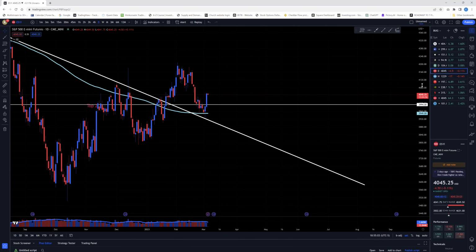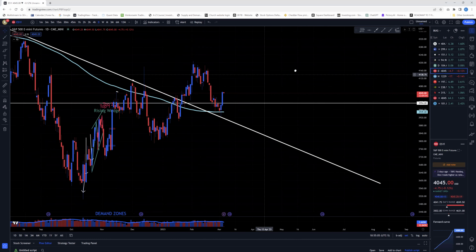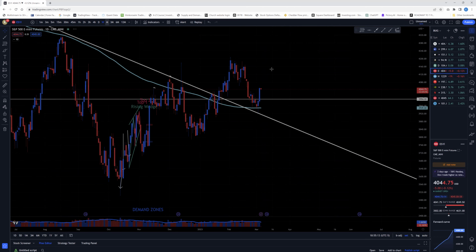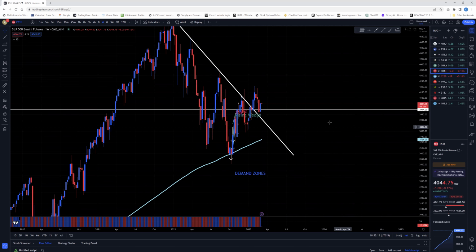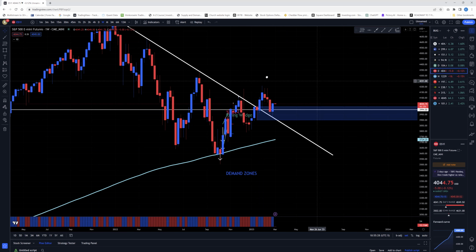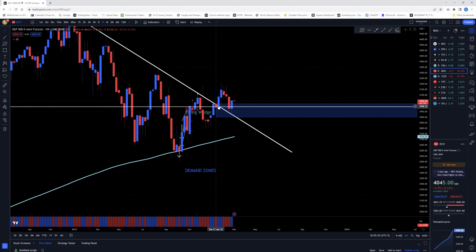Let's see something. ES. Yeah, so ES is at a level of resistance here. Let me see something real quick. You've got a demand zone here on a weekly time frame.